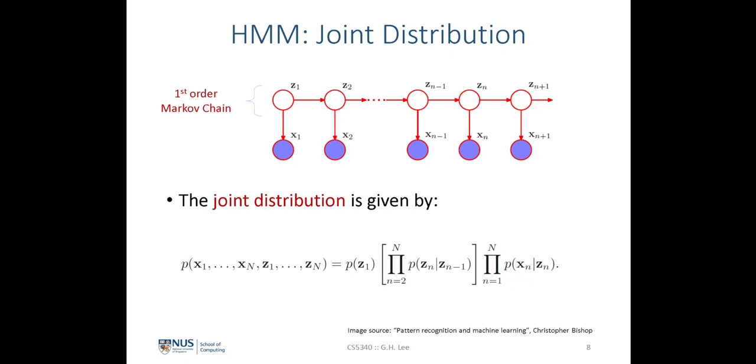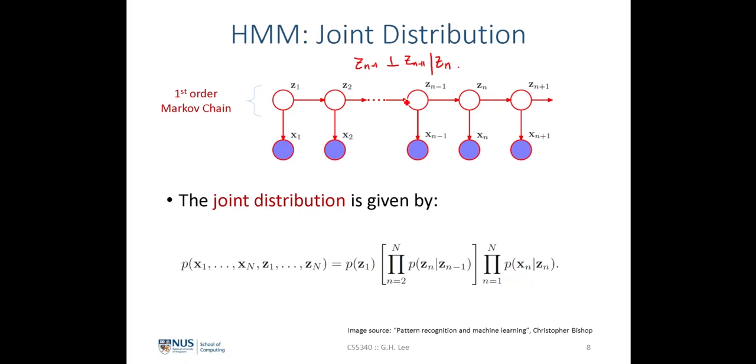Now, more formally, we can denote the first order Markov chain using this graphical model, where there is a linear Markov chain governing the latent random variables, fulfilling the condition that Zn minus 1 is conditionally independent of Zn plus 1, given that we have observed Zn, as we have seen in the previous slide.